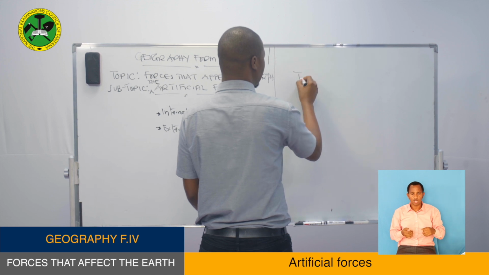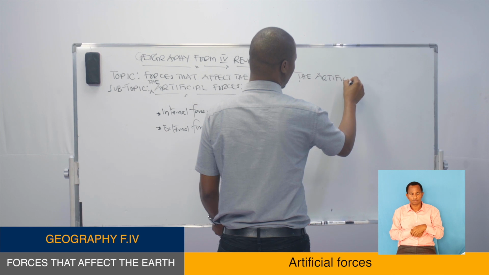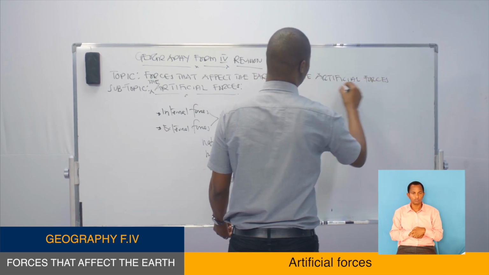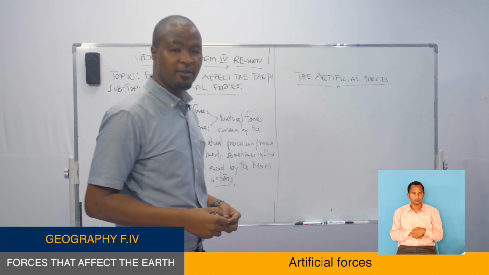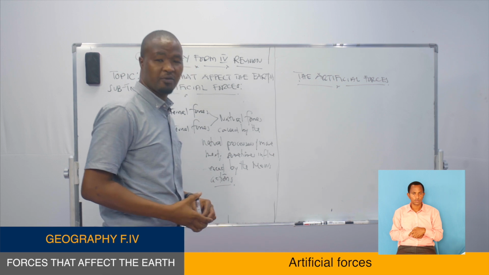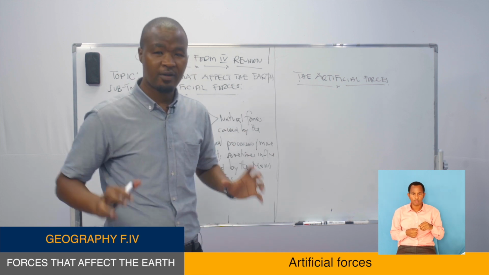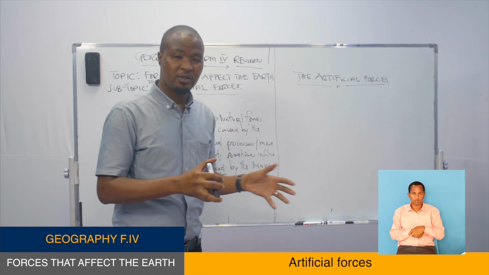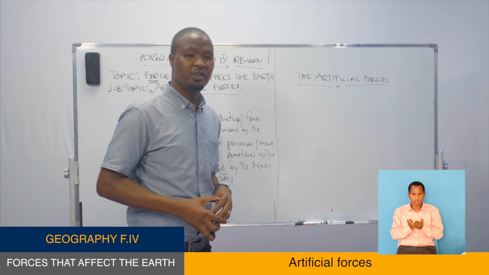The artificial forces. As the word explains itself, the artificial forces are the forces which occur over the land surface. These are the forces which act upon the Earth's surface, but they are not natural.